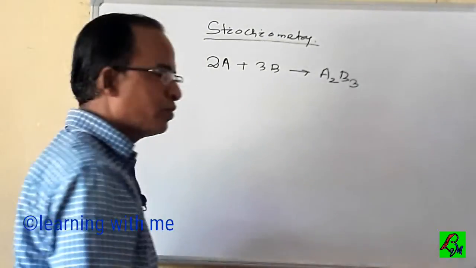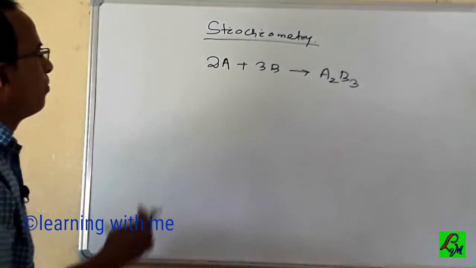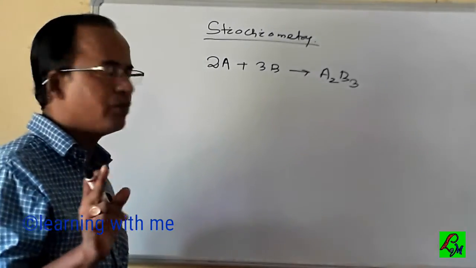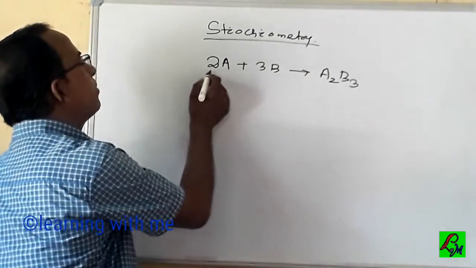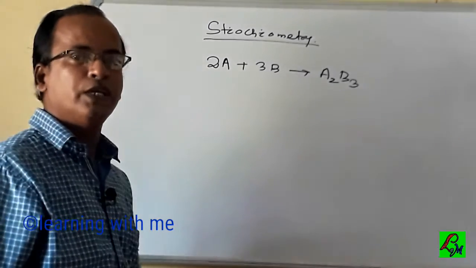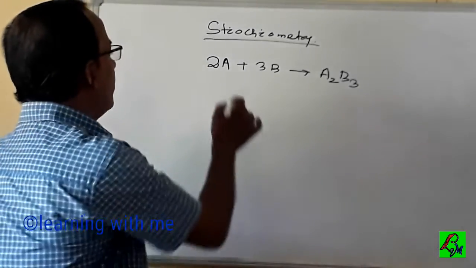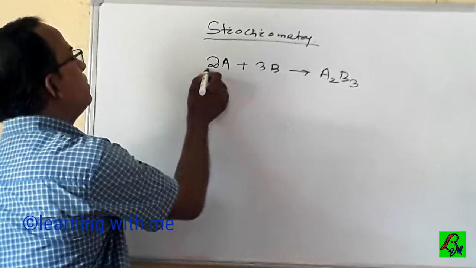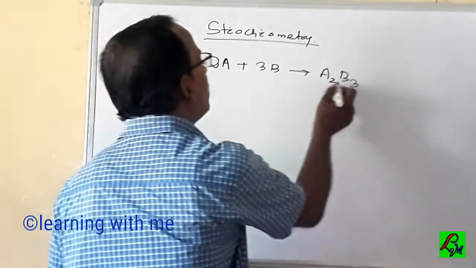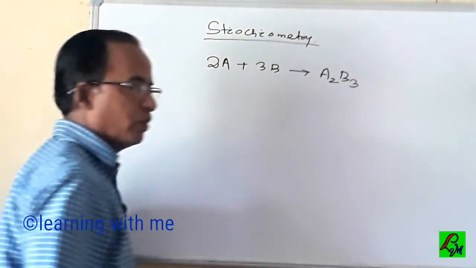First of all, we have to balance the equation. For balancing the equation, 2 is multiplied here and 3, so 2A plus 3B give rise to A2B3, where 2 is the coefficient of A, 3 is the coefficient of B, and the coefficient of A2B3 is 1 only.